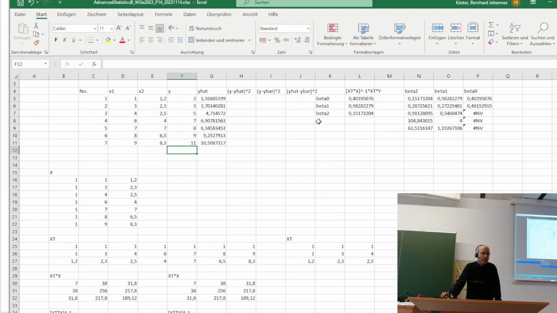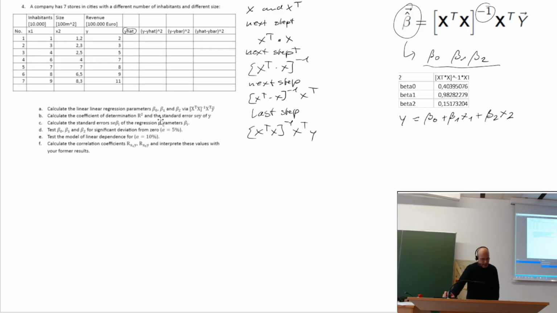right now, what is our task? Calculate the coefficient of determination.